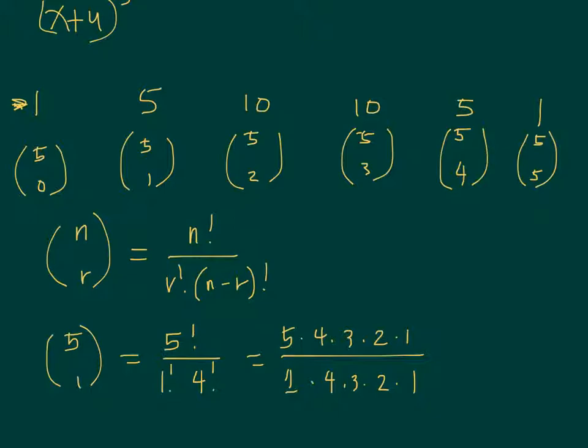Now, as you can see, this set of numbers will cancel, and you will get 5 over 1, which is equal to the 5, the one that we desire.